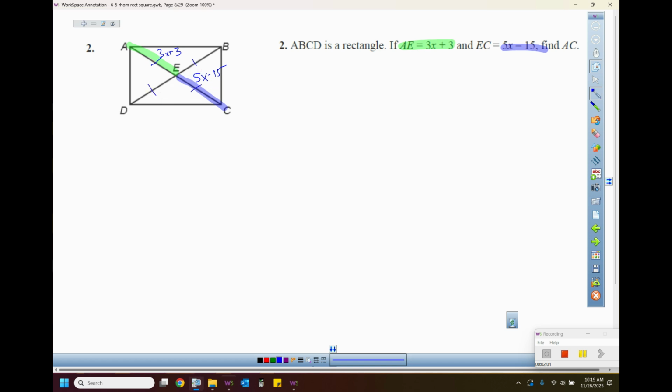So all of those pieces are the same in that case. So I can set these little pieces equal to each other, 3x plus 3 and 5x minus 15, and we will solve. I need to subtract 3x over, and then add the 15 over, and divide by 2, and x turned out to be 9.